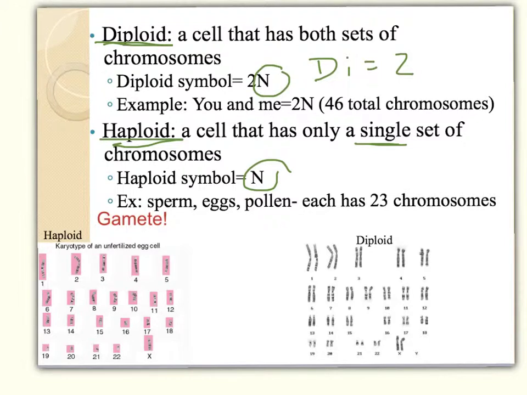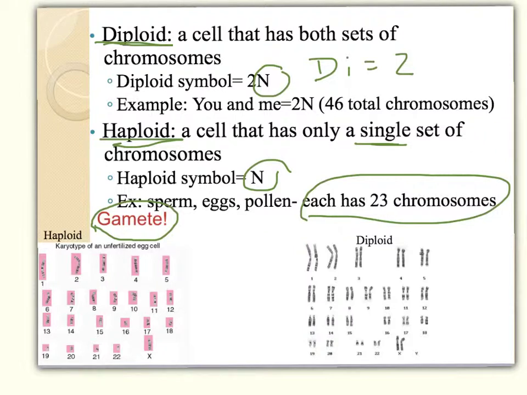An example of a haploid cell is called a gamete. A gamete is sperm, eggs, or pollen. Those are all haploid cells. They each have 23 chromosomes, because you don't want to have too much genetic information.